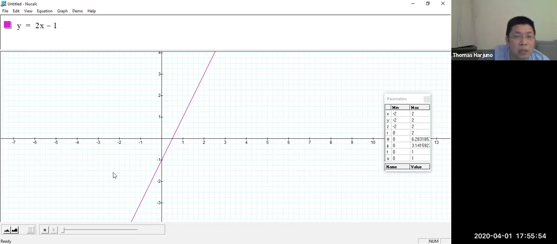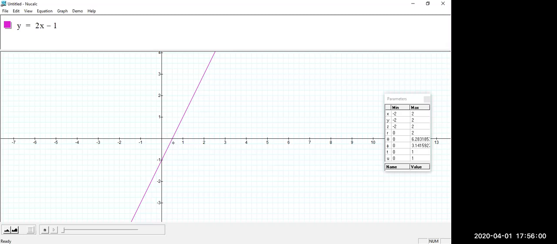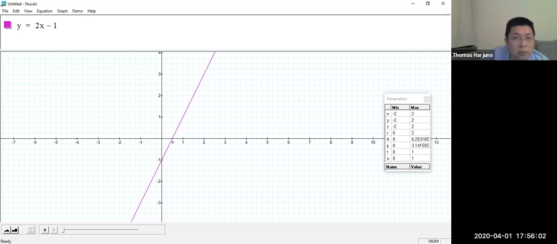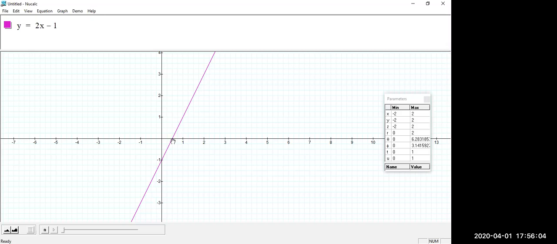What's the x-intercept of this function? What is this here? 1/2. To be more precise, (1/2, 0).